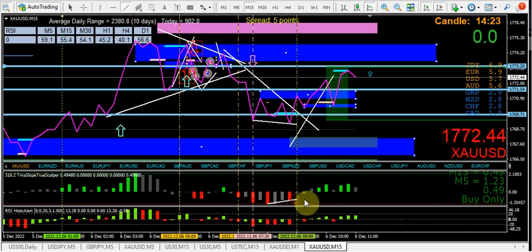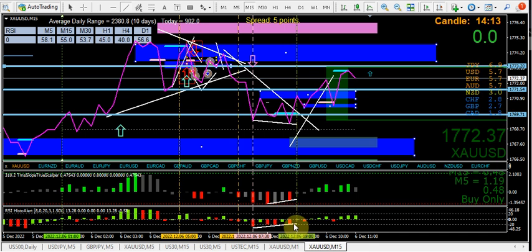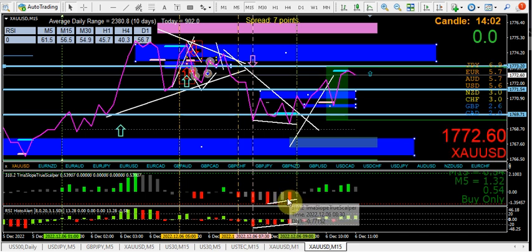I mentioned this about divergence, and importantly, if the RSI does what I call double divergence, then we are really looking for, in this instance, a long. So weakness to the selling is what this is telling me.